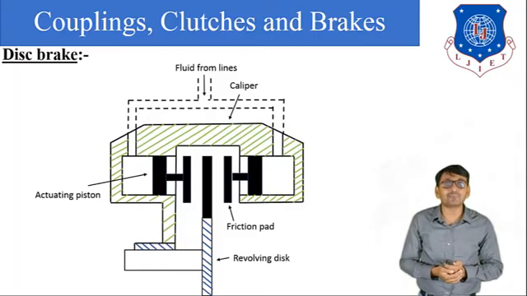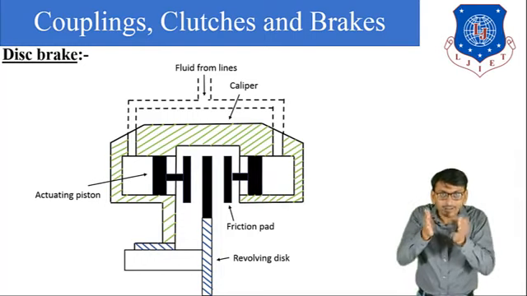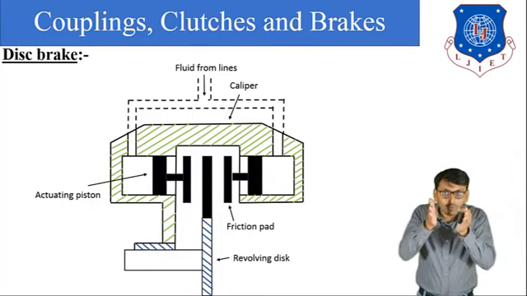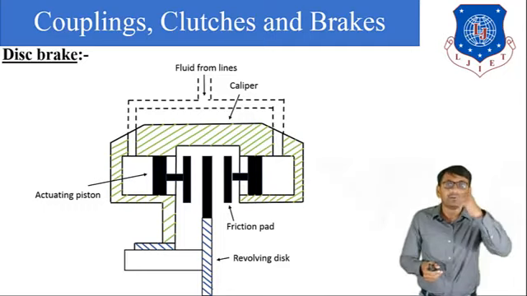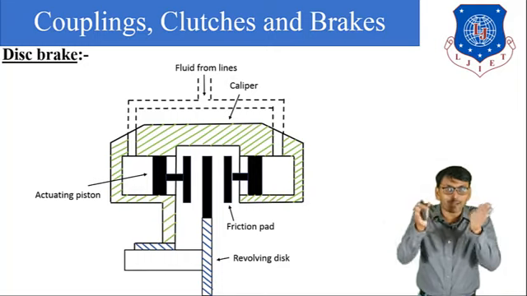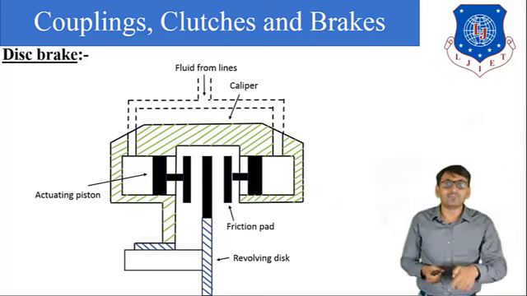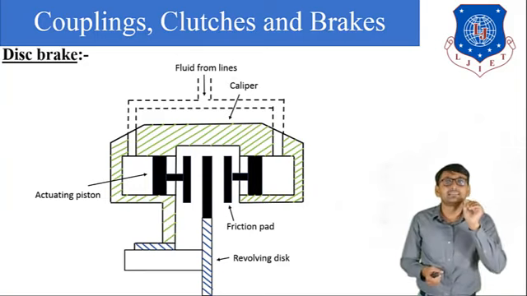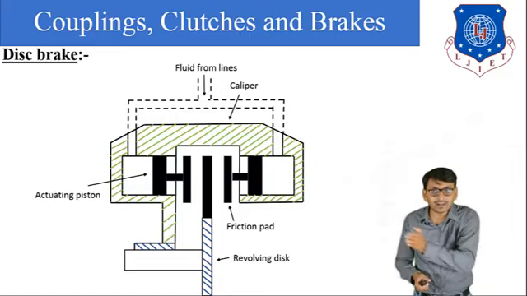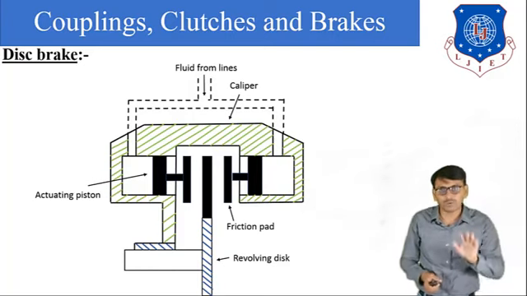Then this high pressure fluid exerts force on the piston. So the piston moves inward and the friction pad also moves inward, and the revolving disc comes in contact with the friction pad. Due to friction between pad and revolving disc, the rotation of the revolving disc stops, and this revolving disc is directly attached to the rotating wheel. So the rotation of the wheel also stops.